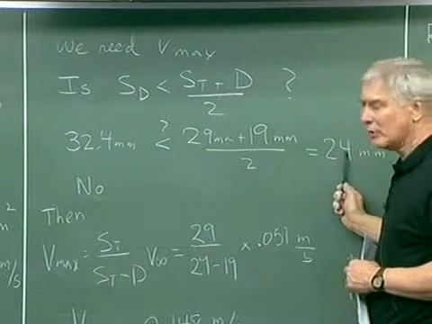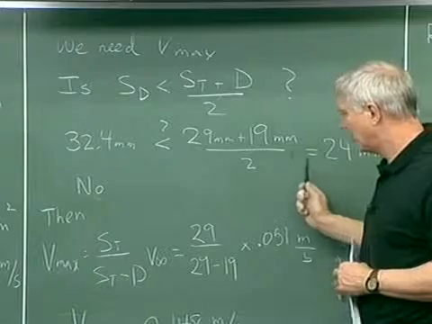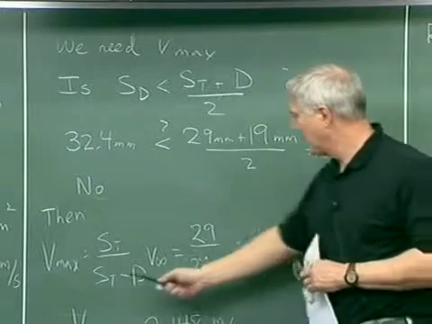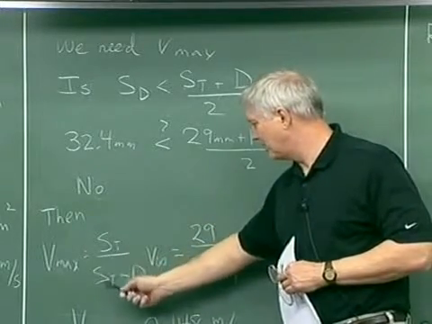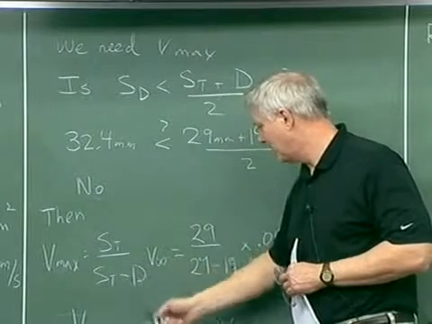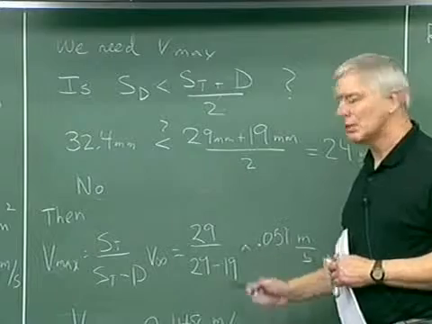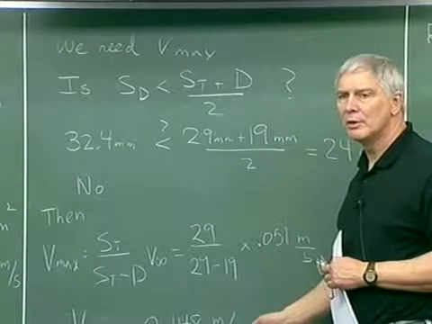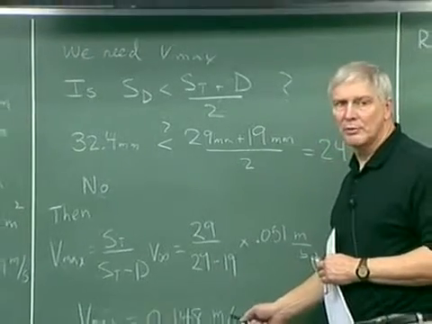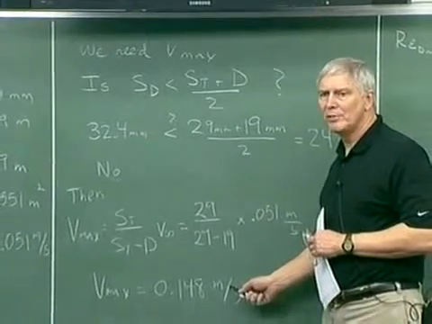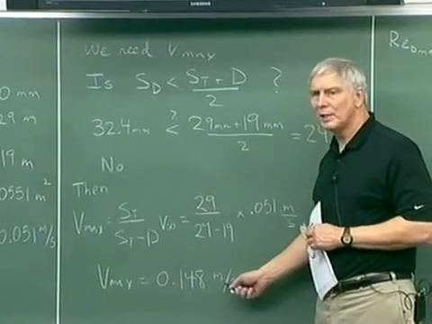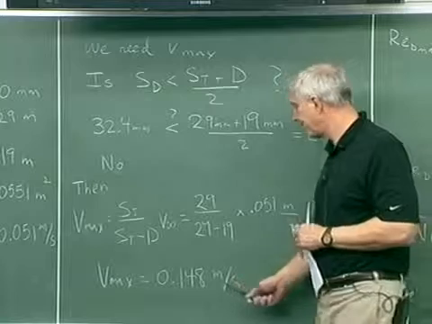Well, obviously the answer is no. So then we go back and choose our other alternative. Vmax ends up being ST over ST minus D times V infinity. And so if we calculate it, we get the Vmax. All right, Vmax is equal to 0.148 meters per second.